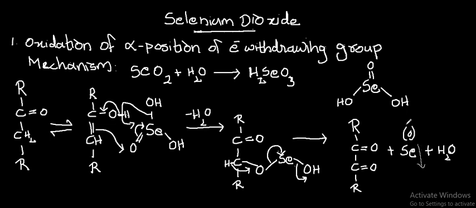Oxidation state is 0, and our keto group is converted into a 1,2 dicarbonyl compound, RC=O C=O R.